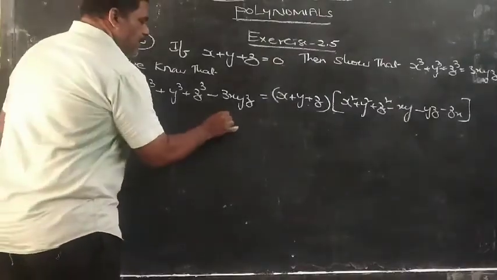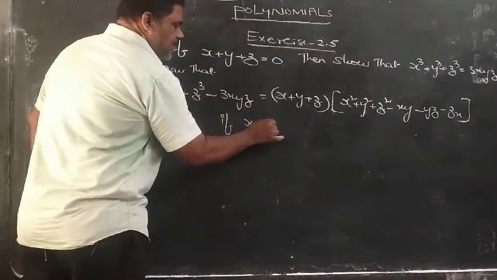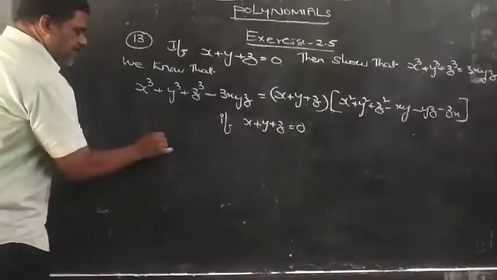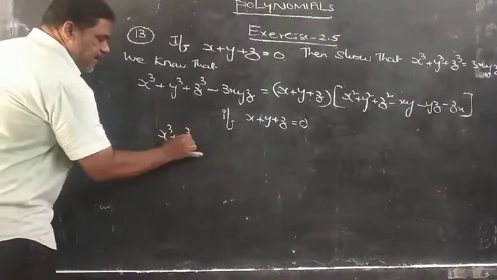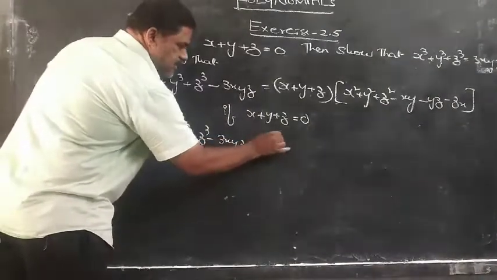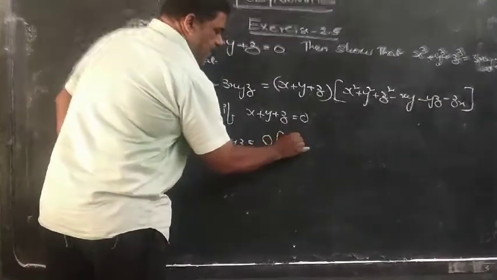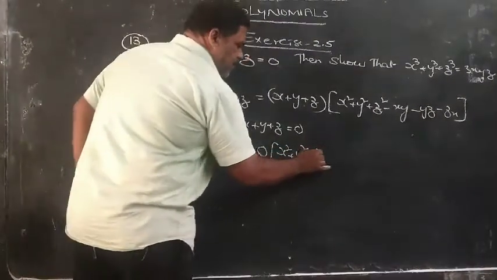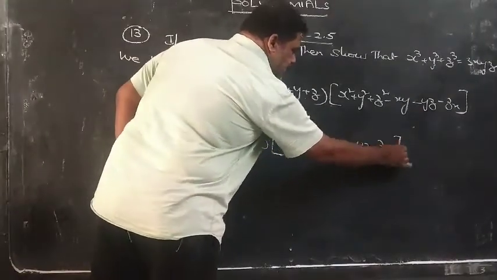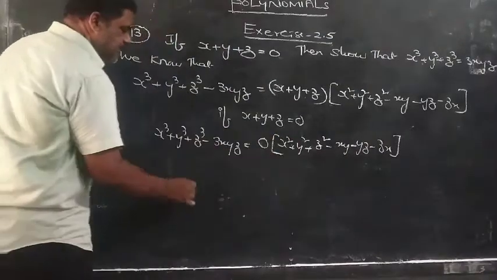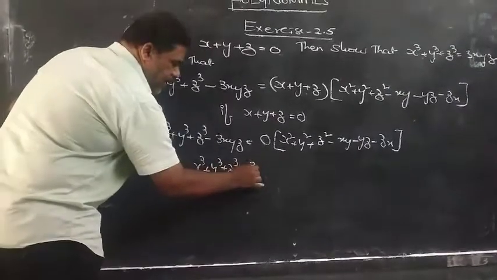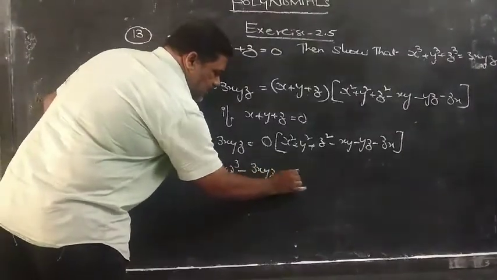In this formula, if you substitute the value of x plus y plus z, which is given as 0, then we will get x cube plus y cube plus z cube minus 3xyz is equal to 0 into x square plus y square plus z square minus xy minus yz minus zx. 0 into anything is 0, so x cube plus y cube plus z cube minus 3xyz is equal to 0.